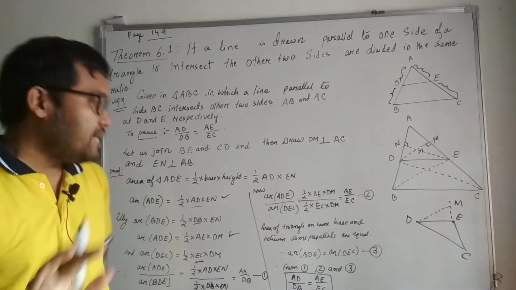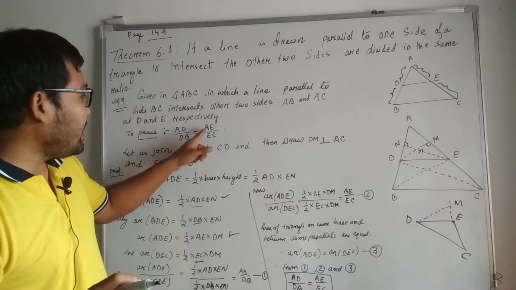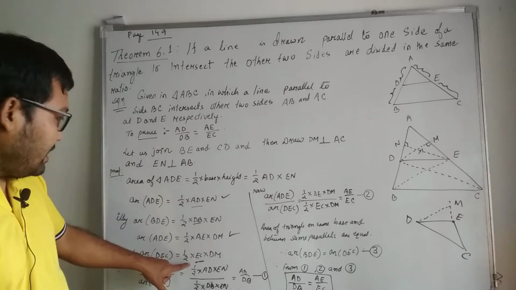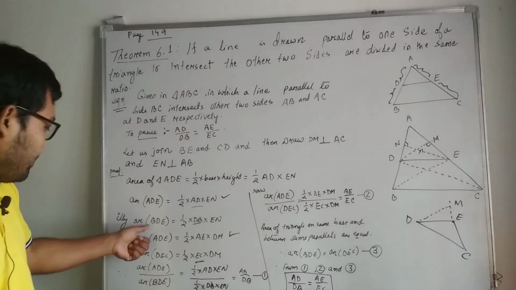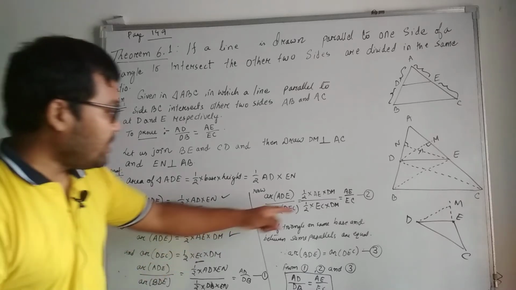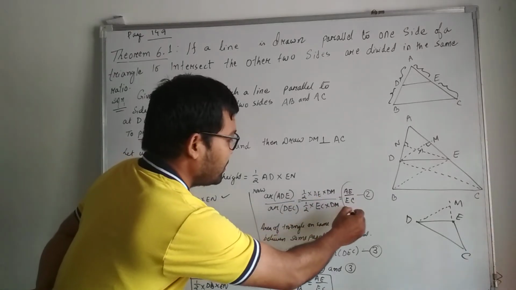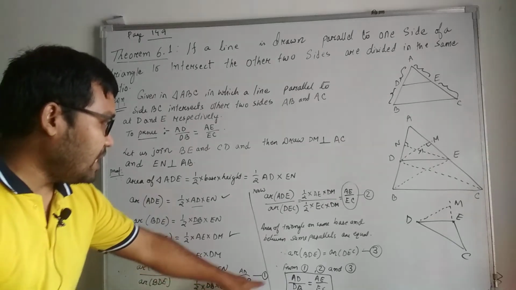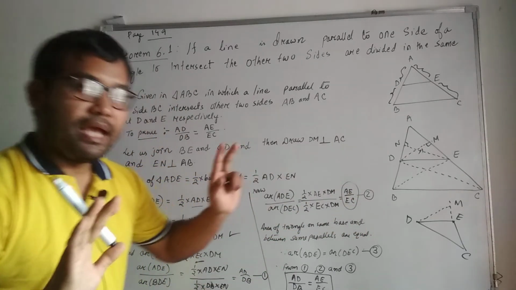Similarly, on the right-hand side we require AE by EC. We have AE and EC, so we divide the area of triangle ADE by DEC, because the final output required is this. This is equation number 1, and this is equation number 2.